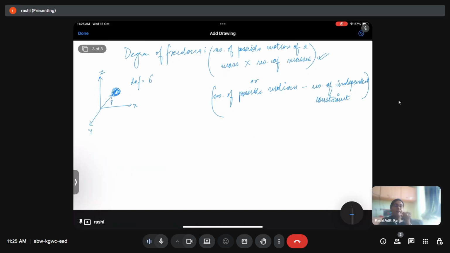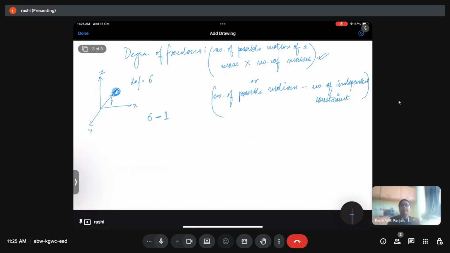Now when I constrain it to always lie on the XY plane, how many degrees of freedom is it going to have? Firstly, it had 6 because it was free to translate in the 3 directions and rotate about the 3 axes, right? Now I've constrained it to always be on the XY plane, which means it cannot go into the Z axis. So it got one constraint and lost one freedom, to translate in the Z direction. So one is gone.